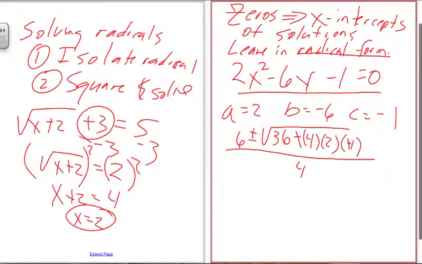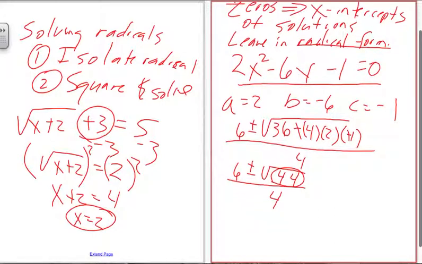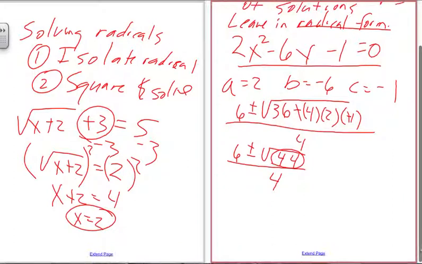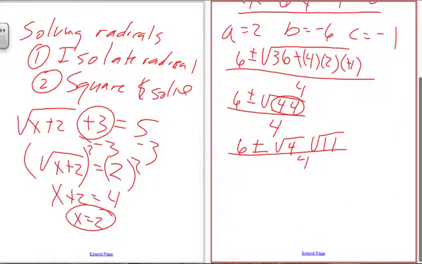All right, so now I'm going to have 6 plus or minus, got 36 plus 8, which gives me 44 over 4. You have to simplify this. You look for your biggest perfect square. So what you're going to end up with is 6 plus or minus square root of 4 times square root of 11 over 4, which is 6 plus or minus 2 square roots of 11 over 4.